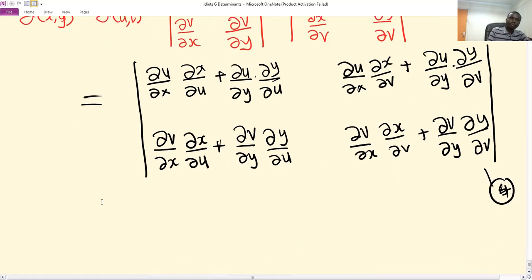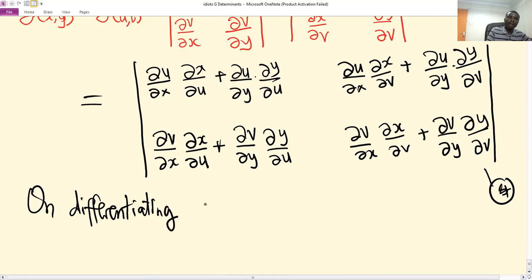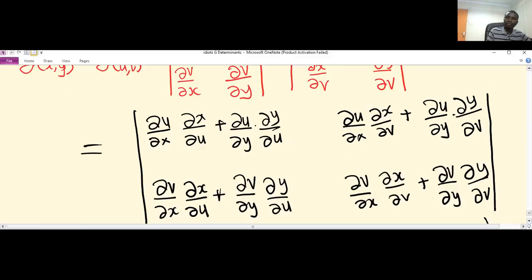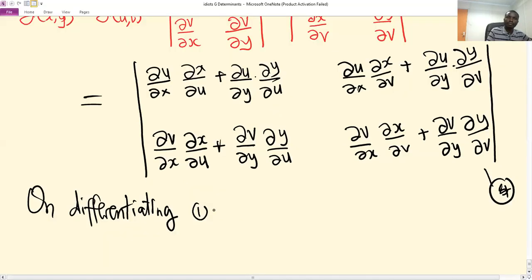Now, differentiating 1 and 2 partially with respect to u and v.